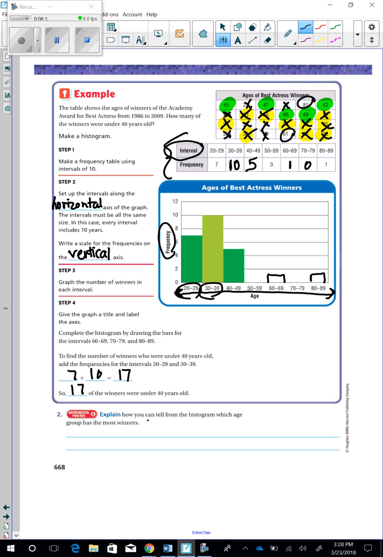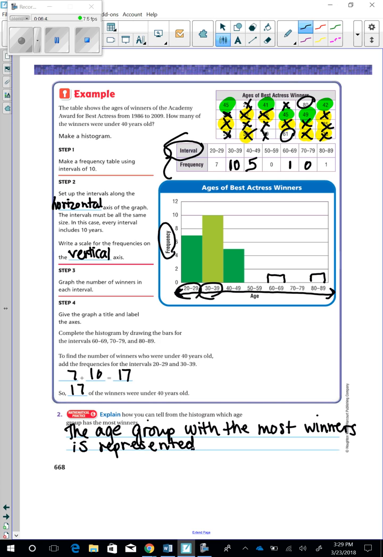So number 2, explain how you can tell from the histogram which age group has the most winners. So the age group with the most winners is represented by the tallest bar.